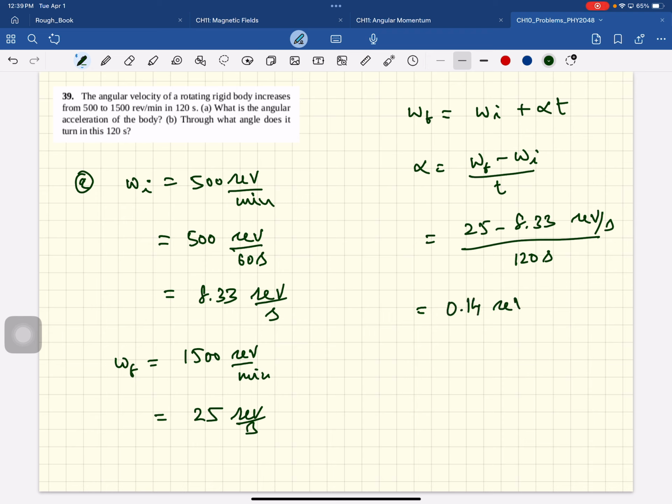That gives 0.14 revolution per second square. And if you wanted to convert this to radians, 1 revolution is 2 pi radians. So 0.14 into 2 pi radians per second square.